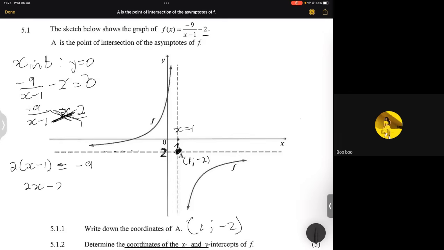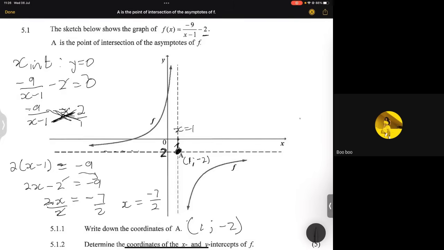2x minus 2, okay, is equal to negative 9. So 2x, if I take this to the other side, it becomes positive. So minus 9 plus 2 will give me negative 7. Divide both sides by 2. And I get x is negative 7 over 2.